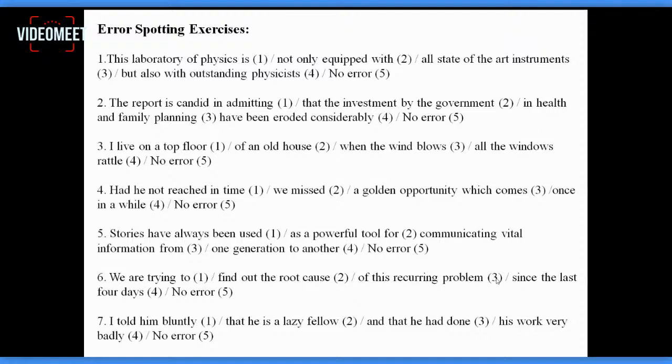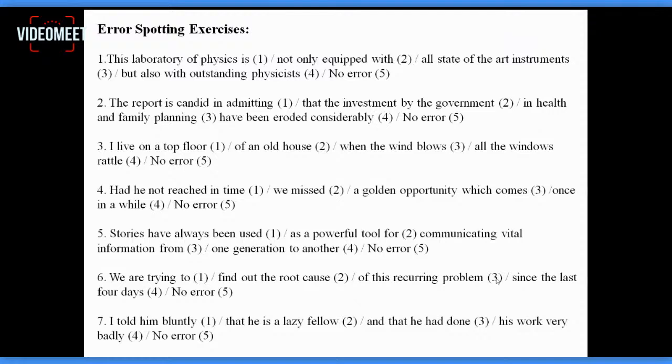But when it comes to for, it is used with a period of time, the duration of time. I have been waiting for 4 hours. Right? So I am specifying the duration here. I am telling you how long I have been waiting for you.